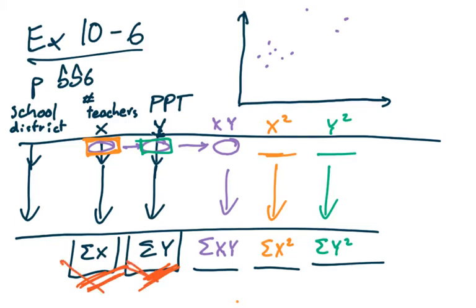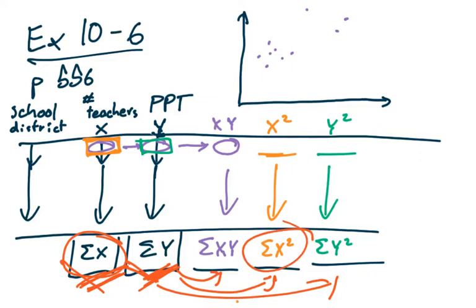We cannot use these in order to get these ones over here. We can't just take that and square it and say it's the same thing as that. No, remember we have to do this procedure where we get each of these individual values line by line, row by row, and then finally add them all up. So let's go ahead and do that.